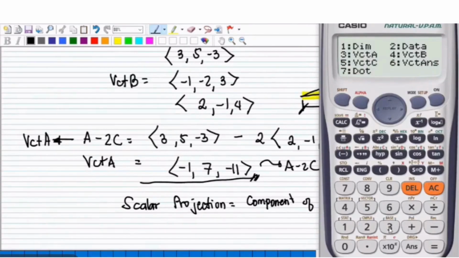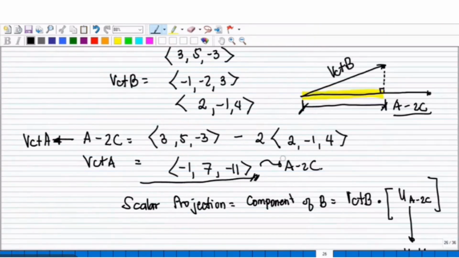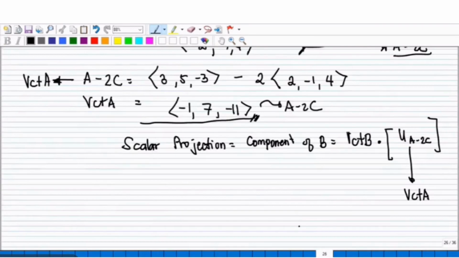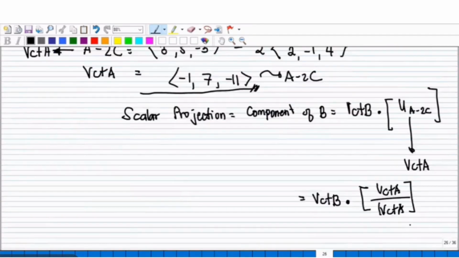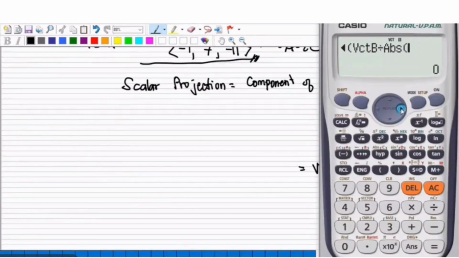Yan. Okay, so, kunin natin yung dot product. Okay, so, vector A dot vector B. Okay, pero take note po, unit vector po ang gusto natin. Okay, so vector B divided by its magnitude. Okay, magnitude is absolute value. Parang baliktad yata yung ginawa ko.